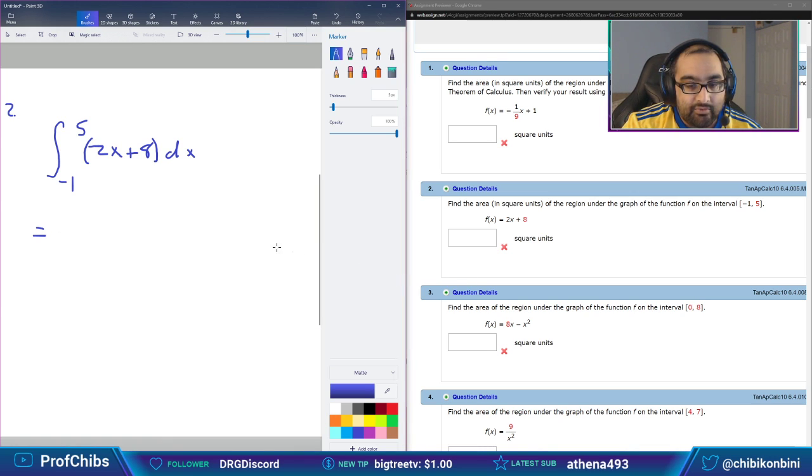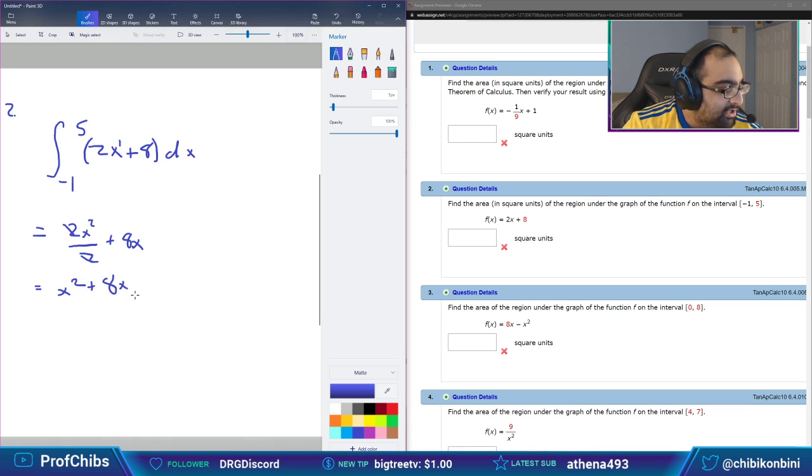What is the integral of 2x plus 8? Well, the integral of 2x is 2x to the first, so you take 2x squared, add the 1, divide by 2, plus 8x. Clean that up a little bit, the 2's cancel out, so that'll leave us with x squared plus 8x as our integral.